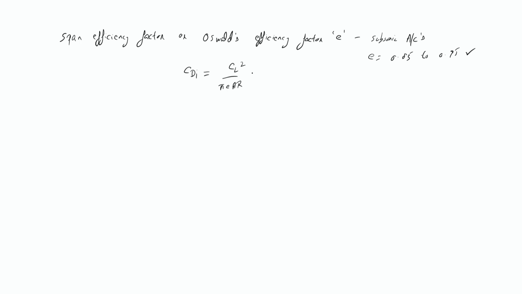Okay, and this 1 by pi e AR is generally written in terms of K. So finally we get K into CL square, where K is nothing but the induced drag correction factor. Okay, K is the induced drag correction factor.